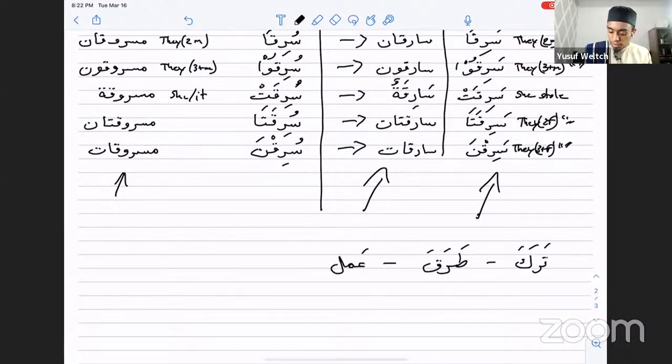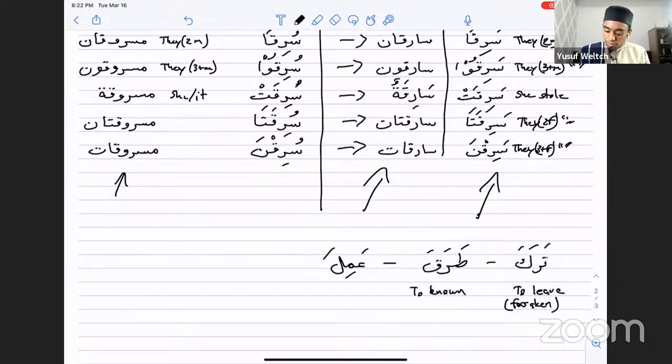Taraka means to leave, and that applies metaphorically also to forsaking someone or abandoning something. Taraka also means to knock, sorry, that's wrong. And amila means to do an action.